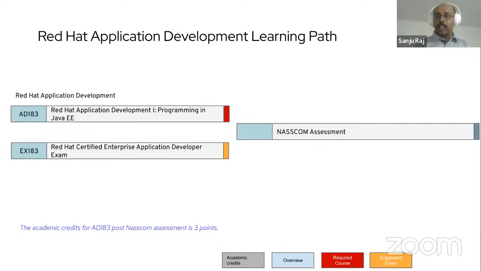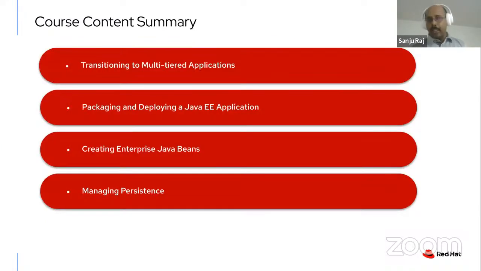What are the topics we will be discussing inside this module? First, how to transition to multi-tiered applications. When I'm thinking about multi-tiered applications, I am a seasoned Java app developer and I want to move into the enterprise editions. So I will be comparing the features of Java EE and Java SE.